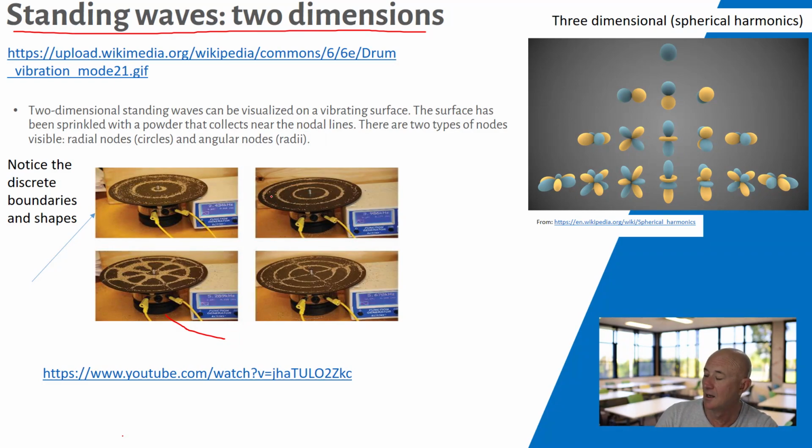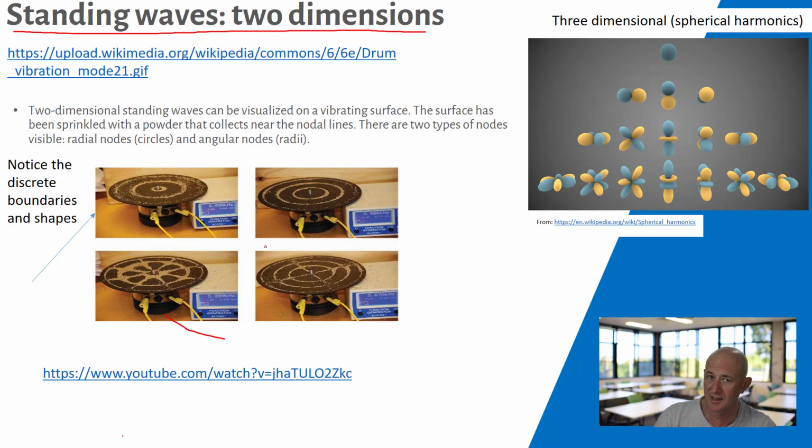Now, as I said, the maths is complicated, and really the only point I'm trying to make here is that you can develop mathematical equations that describe this. And the other point I wanted to make was that the patterns are obviously there. They're predictable, and they're getting much more complicated than what they are for a linear standing wave.